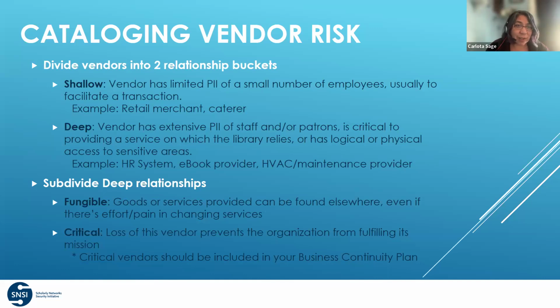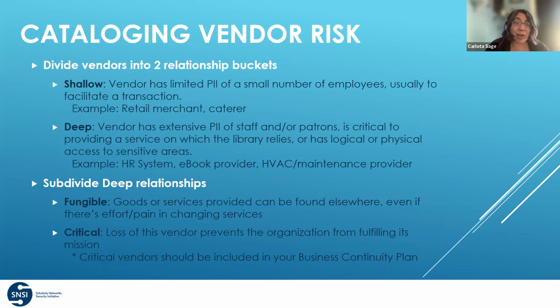Your HR system provider, for example, is going to have all of your employee information. Your ebook provider, maybe they don't have a lot of information, so they would normally be a shallow relationship. But if your ebook provider goes down, you can't deliver books to your patrons. Now they're affecting your mission, and they become a deeper relationship.